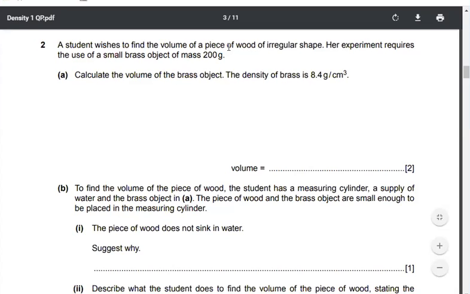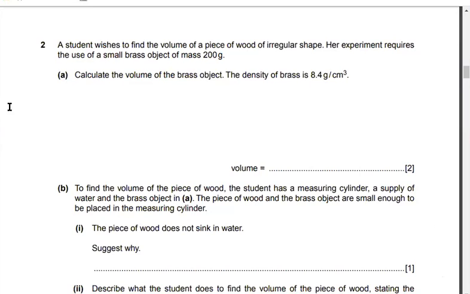Now, the formula says that density equals mass upon volume. So density is equal to mass upon volume, right?